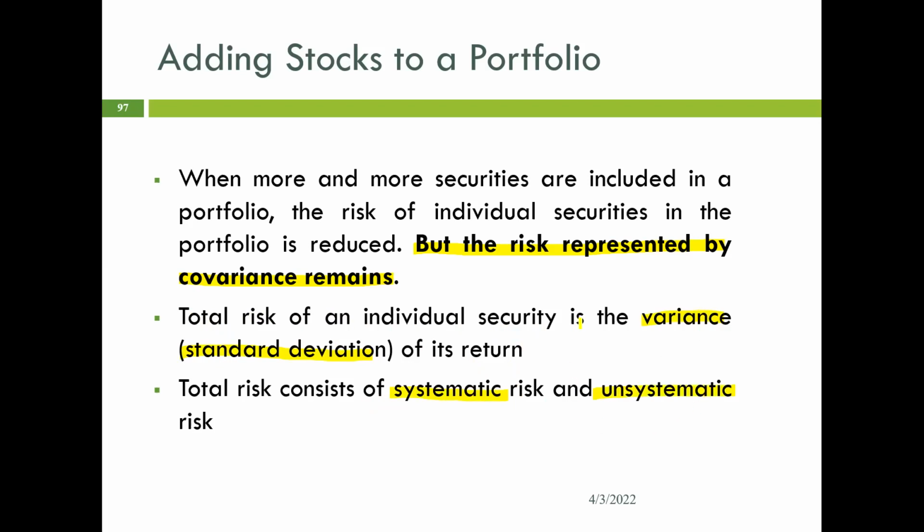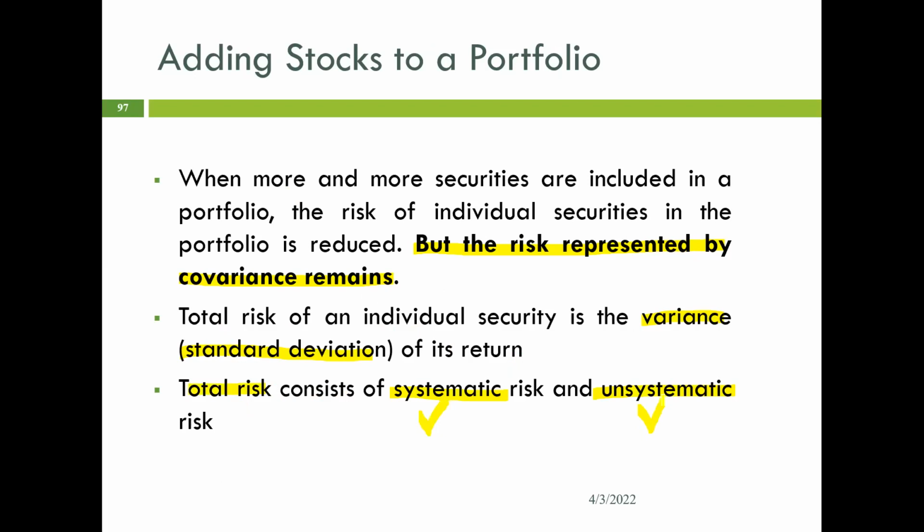When the number of stocks in the portfolio increases, total risk is declining, but the risk from the co-movements, the covariance, remains. We will explain this later with a diagram. Remember, when we say total risk, it includes systematic risk and unsystematic risk.